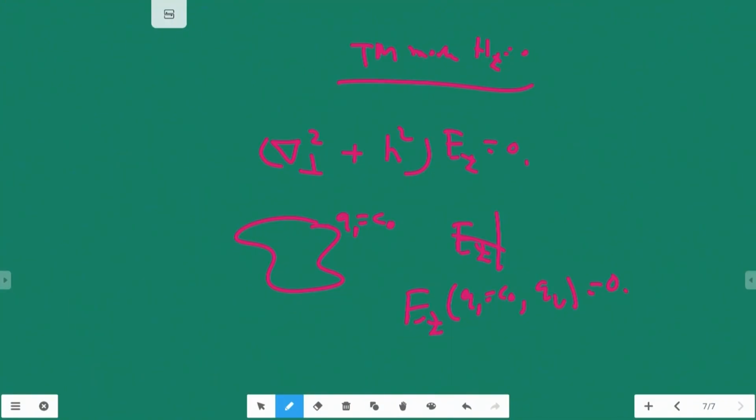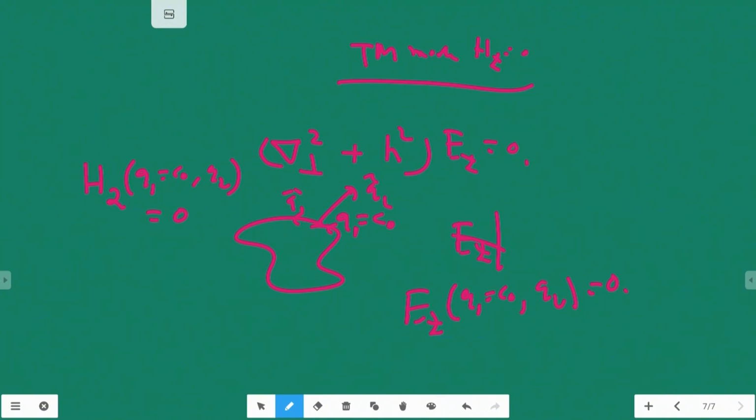That becomes the tangential component of E vanishing on the boundary for a perfect electric conducting surface. Likewise, for a perfect magnetic conducting surface, the normal component is 0. That means H2 is the normal component, q2 is normal to this direction, this is q2 cap, this is q1 cap. So H2 is 0 when q1 equal to c0 and arbitrary q2.